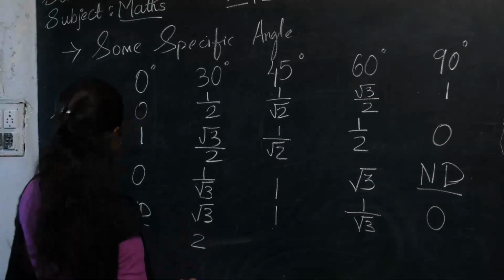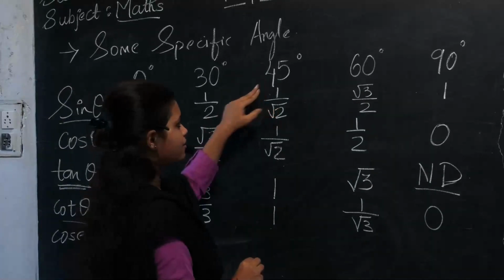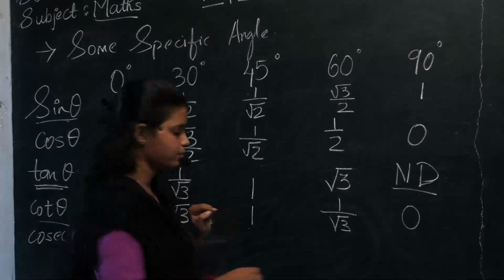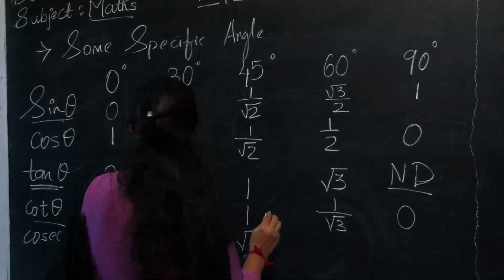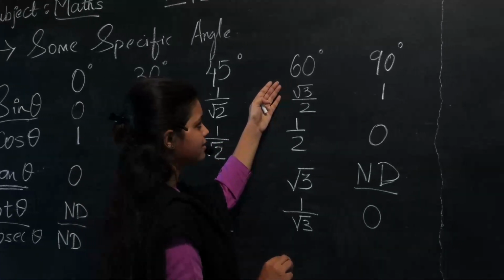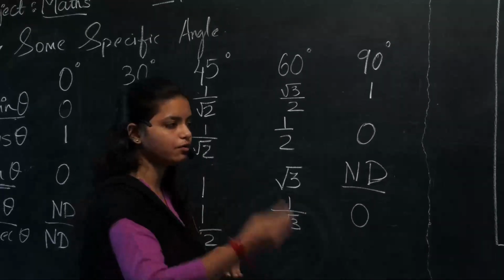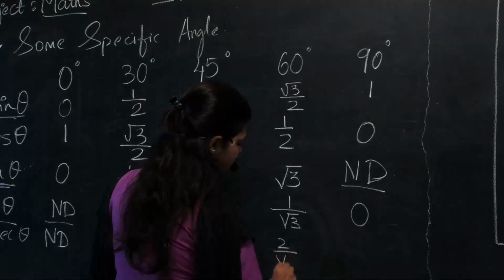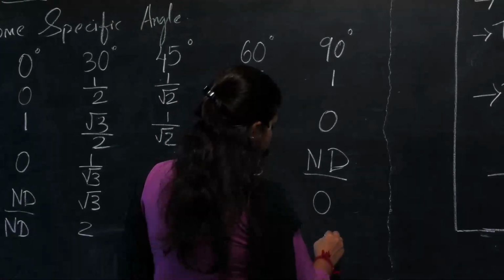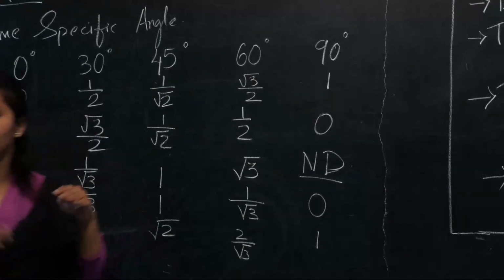Value is 2. Sine 45 is 1 upon root 2. Reciprocal of 1 upon root 2 is root 2. So what is the value of cosec 45? Root 2. Same here, sine 60 is root 3 upon 2. Reciprocal of that is 2 upon root 3. And sine 90 is 1. So cosec will be 1 because 1 upon 1 is 1.